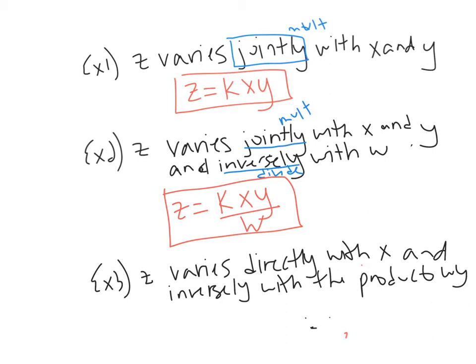If we start with z varies, so z equals. Directly: what do we think of when we think of the word directly? Think multiply. So we have k directly with x, so kx. And inversely, what do we think of? I think fraction, so divide. Inversely means divide with the product of wy. Product means multiply. So z equals kx divided by wy.